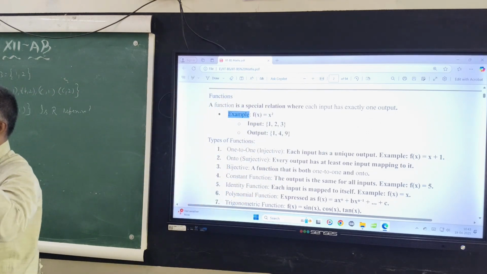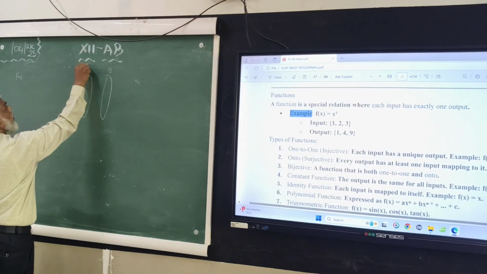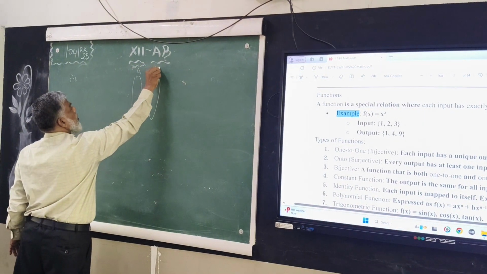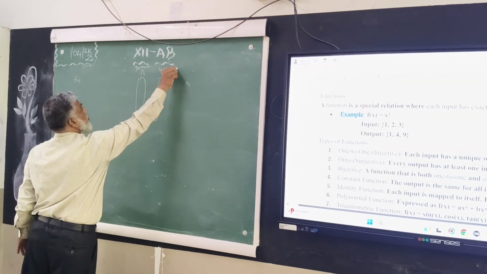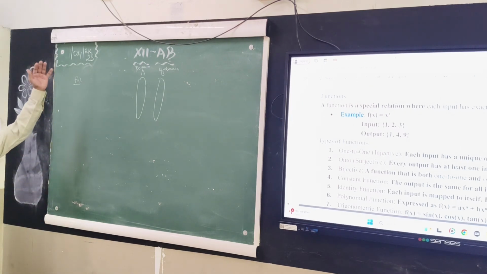What is the definition of function that you studied in 10th standard, 11th standard, plus 1? Tell me the function definition. Call this A the domain, and B the codomain.